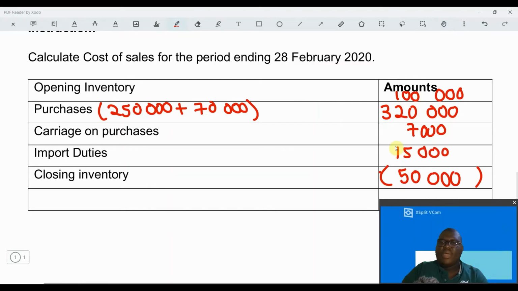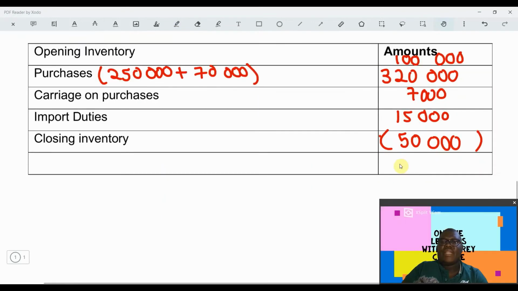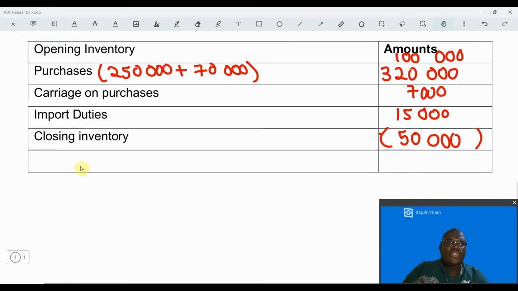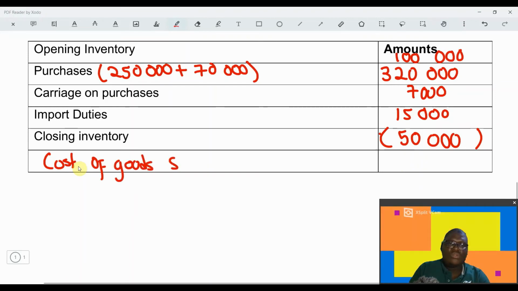And then from there what we have to do is to just add everything that we have and then get our cost of sales. So this means here you can just write cost of goods sold.